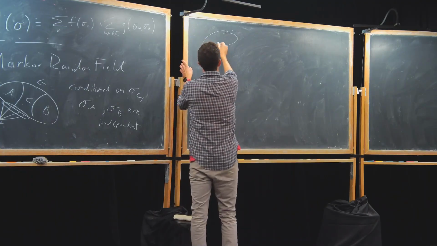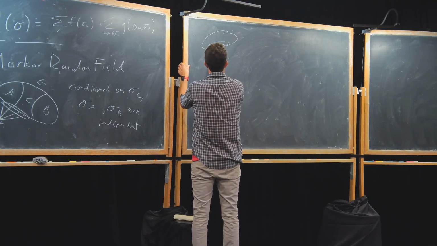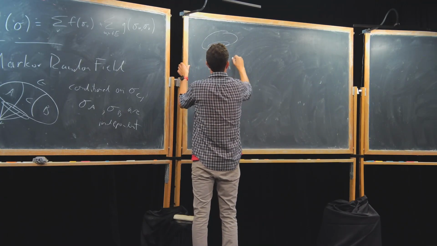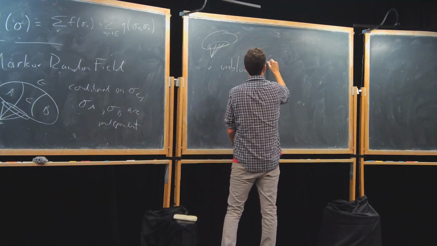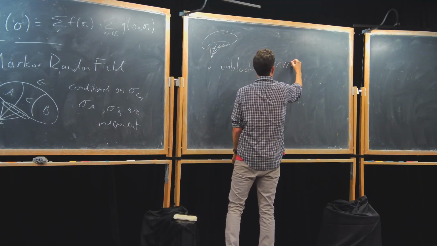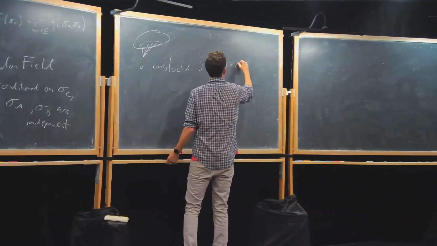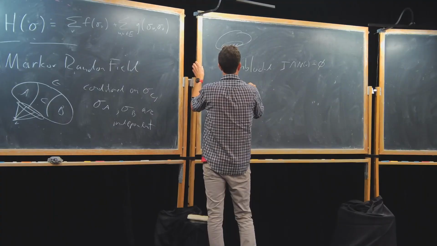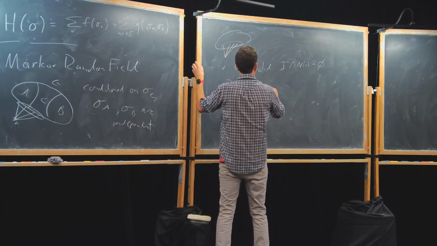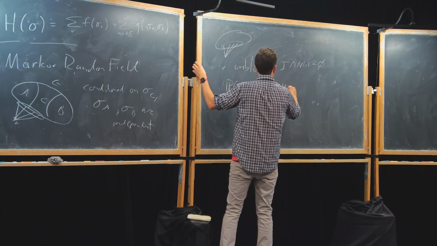But what if v is unblocked, meaning the independent set intersect the neighborhood is empty? What is the probability that v is in the independent set given that v is unblocked?